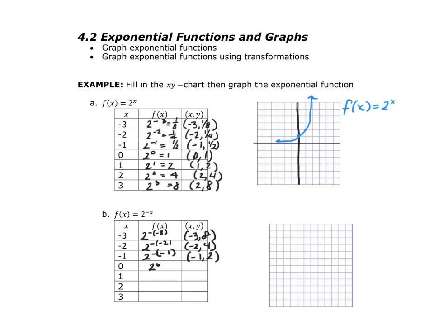And of course, 2 to the 0 is still 1, so 0 and 1, and then I'm going to continue. Now I have 2 to the negative 1, 2 to the negative 2, 2 to the negative 3, and you can see that this is 1 and 1/2, 2 and 1/4, and 3 and 1/8, positive 1/8.